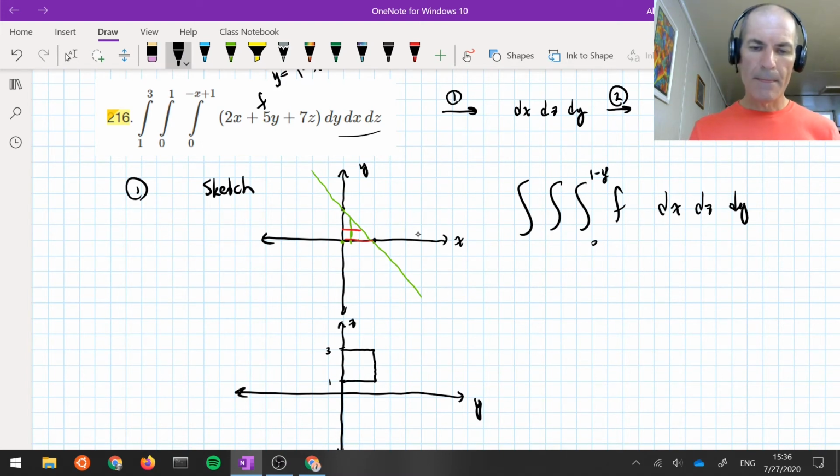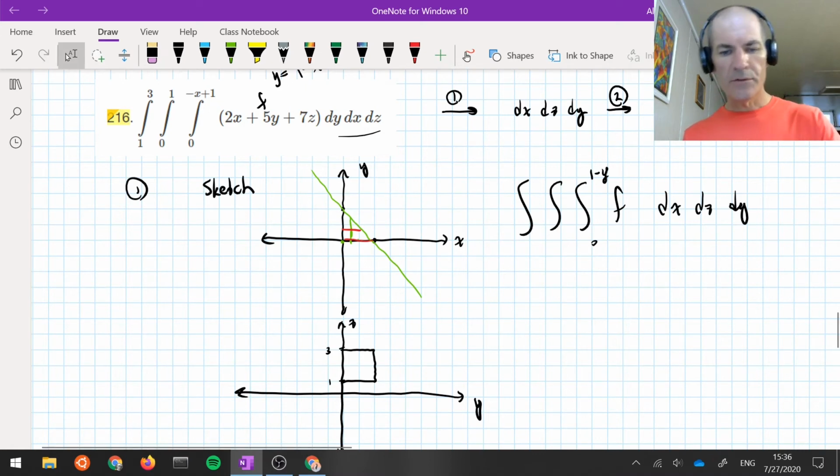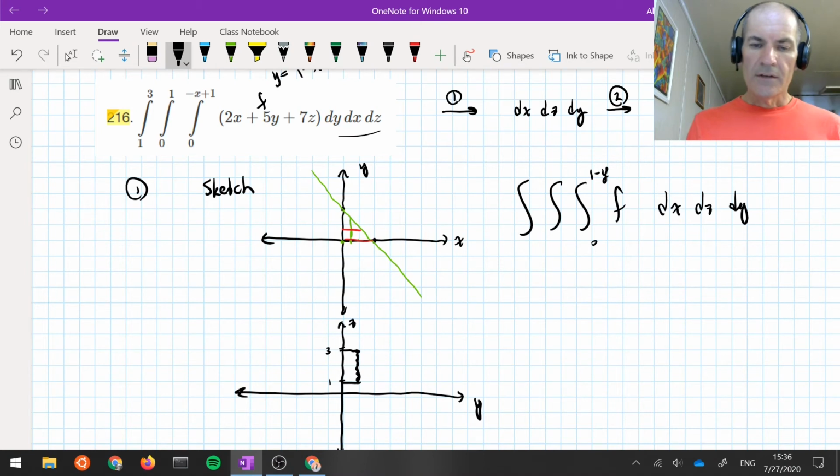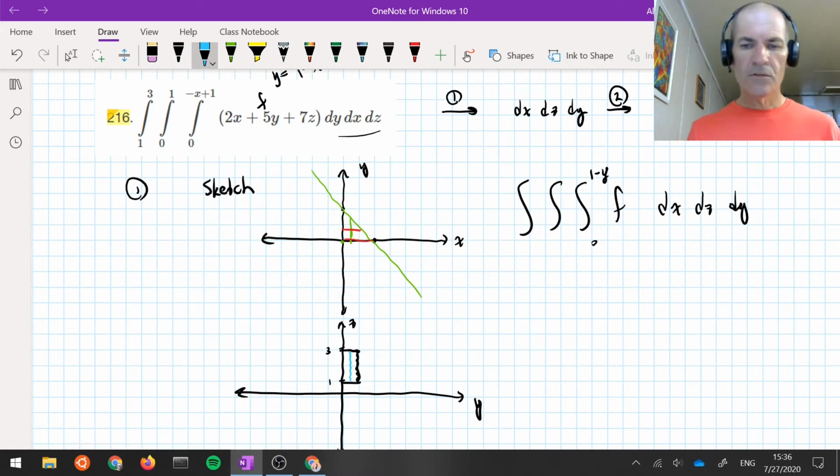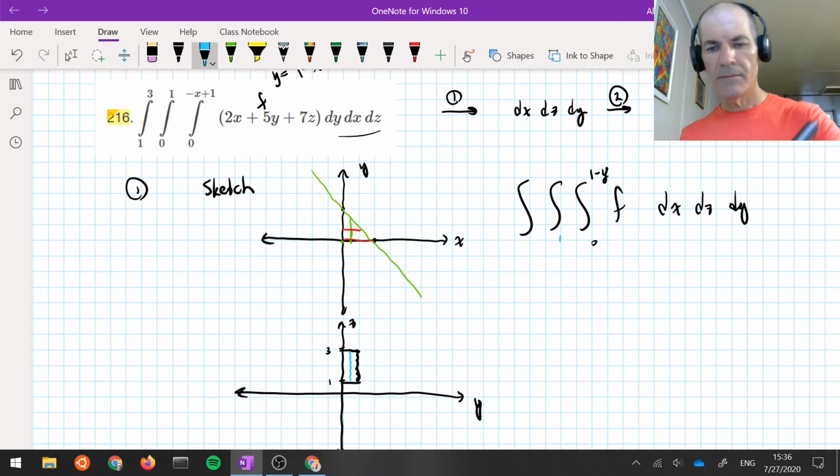Okay? And I guess if I'm going to preserve scale here, y goes from 0 to 1. So let me fix that for you like that. Okay, so that's what it looks like from the side. We're supposed to do z next. An arbitrary vertical line in this domain goes from 1 up to 3.